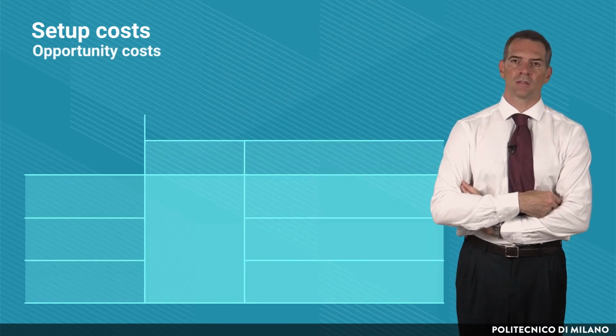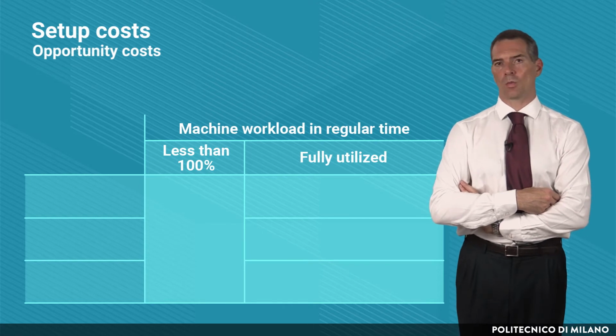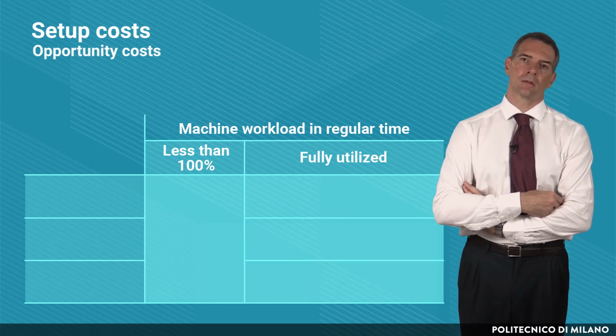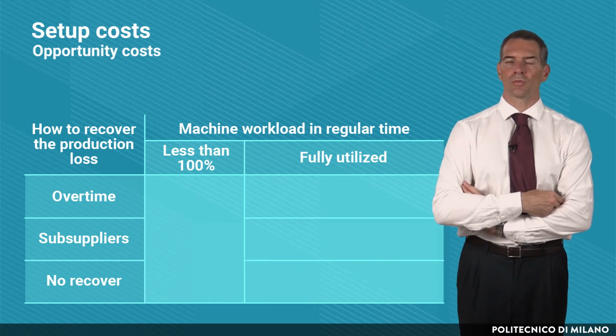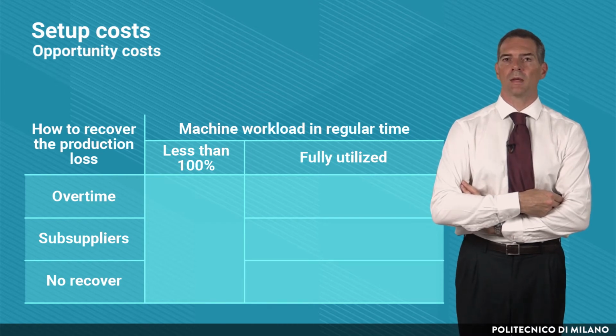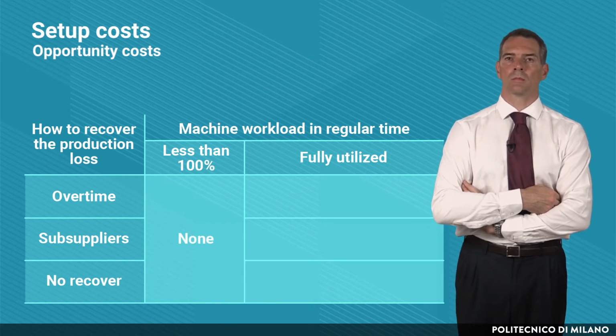Let's consider, for instance, the workload of the machine on the one hand, and on the other hand, what is the way to recover the production loss. If the production machine is not 100% utilized in regular time, in this situation, no opportunity cost arises.